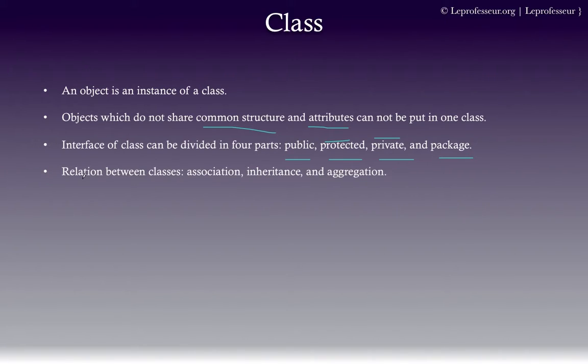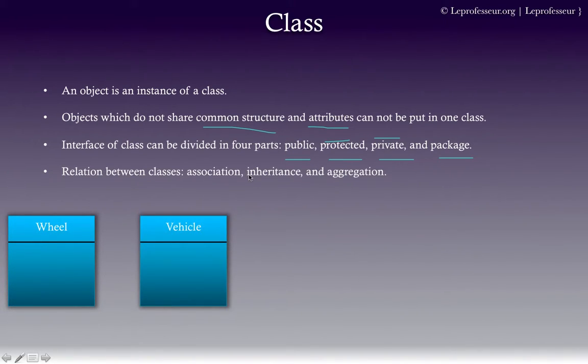Relationship between classes is important too. So in what ways are the classes related with each other? There may be association, inheritance, aggregation. We already learned about aggregation. Let's talk about association. For example, a vehicle and wheel.